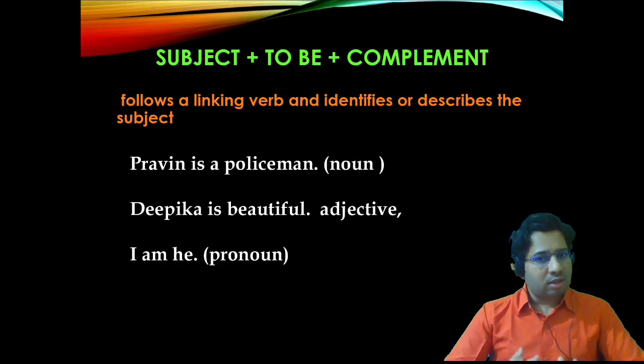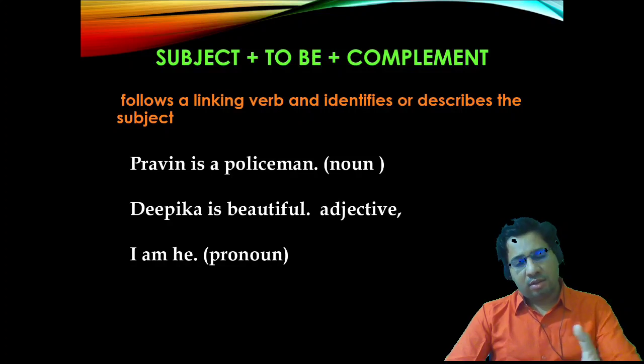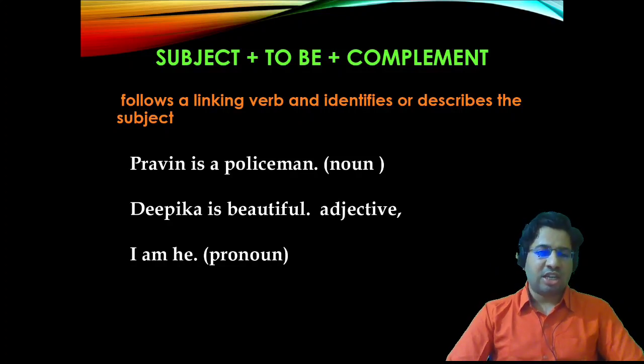That's why it is called a subject complement. A subject complement is either an adjective or a noun or a pronoun. We can prove by reading these three sentences that a subject complement is either a noun, adjective, or pronoun.